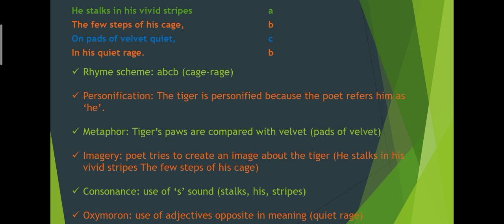Imagery means creating an image of the content which the poet is trying to explain. So here the poet tried to create an image about the tiger so that you can imagine it. What is the tiger doing and how does the tiger look? So he mentions here that the tiger is in bright colors and it looks healthy by mentioning vivid stripes, bright stripes.